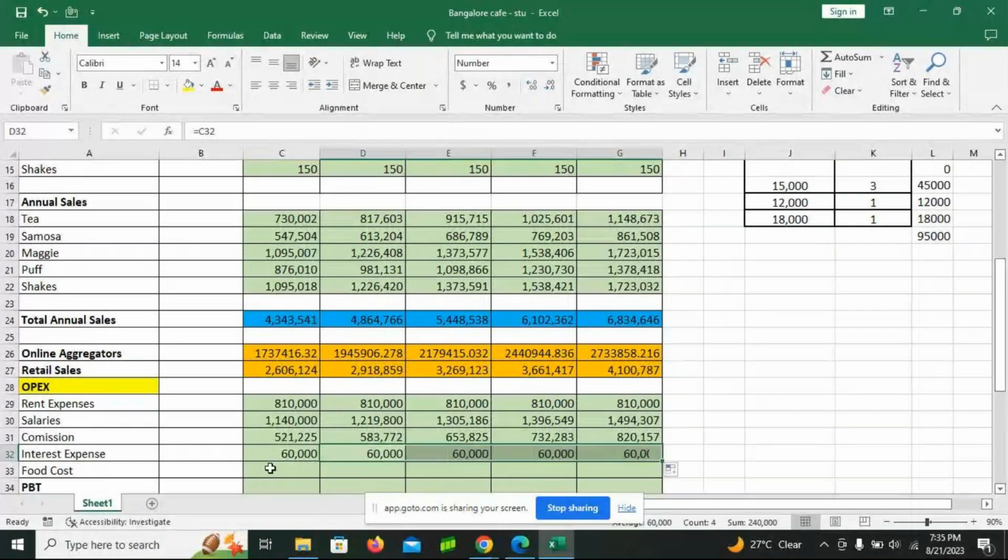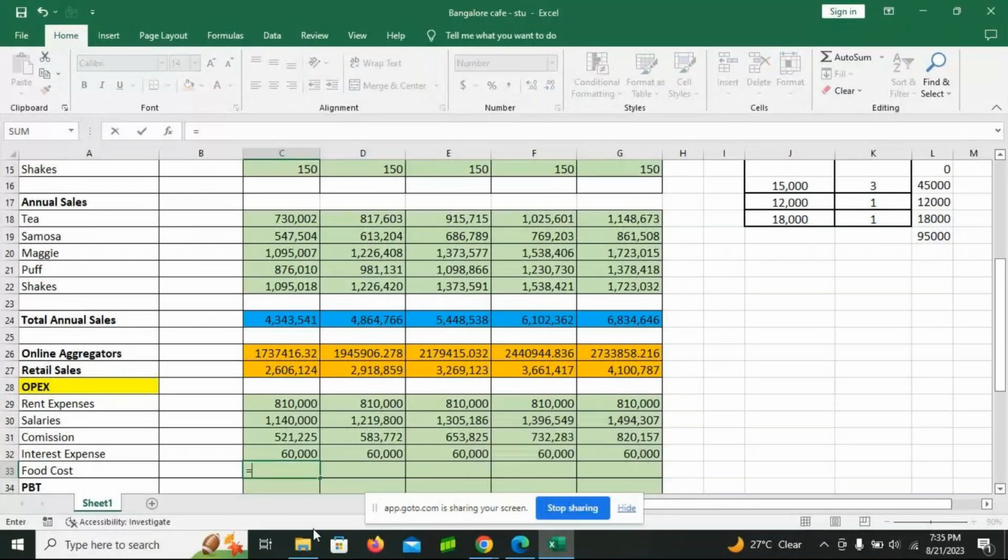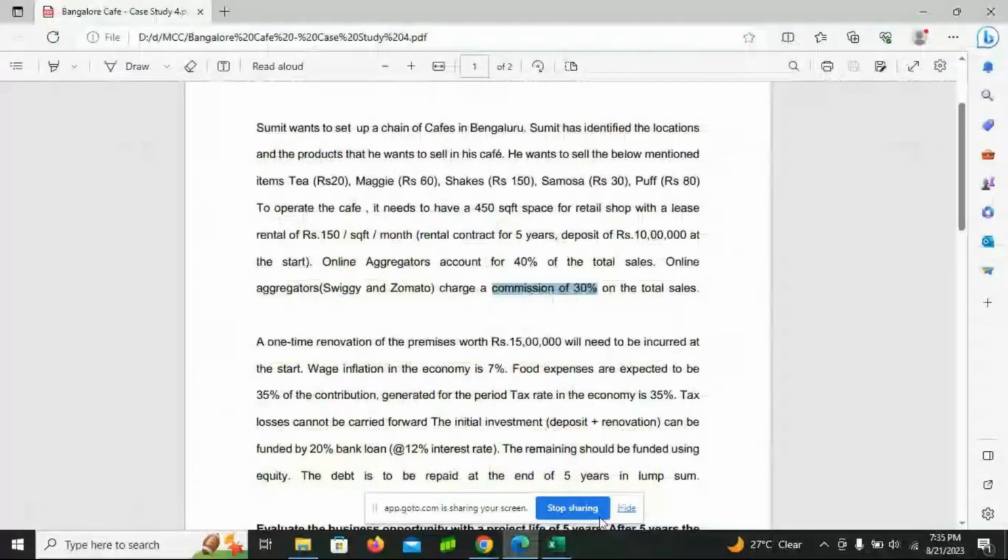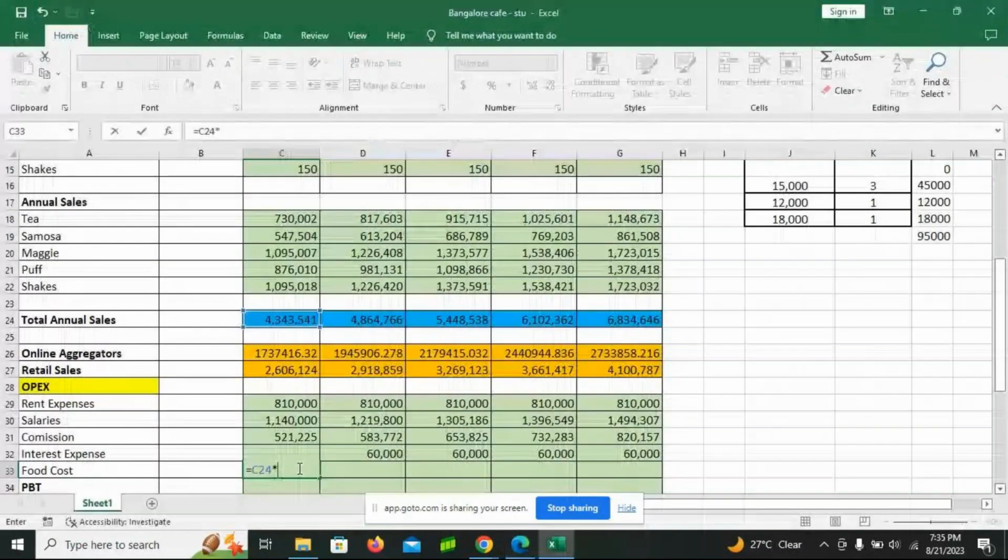Then food cost: C24, sales into food cost, how much they are telling. Food expenses is expected to be 35% of the contribution, into 35%.